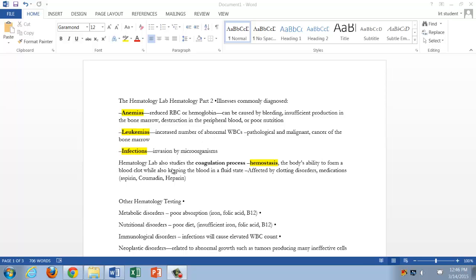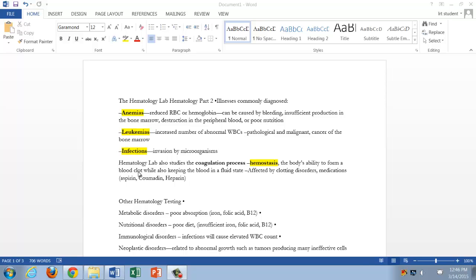The hematology lab also helps with the diagnosis of coagulation problems. This centers around a process called hemostasis, which is the balance in the body where we form a clot or we stop forming a clot. So if we cut our finger, we don't want our finger to go on bleeding forever.